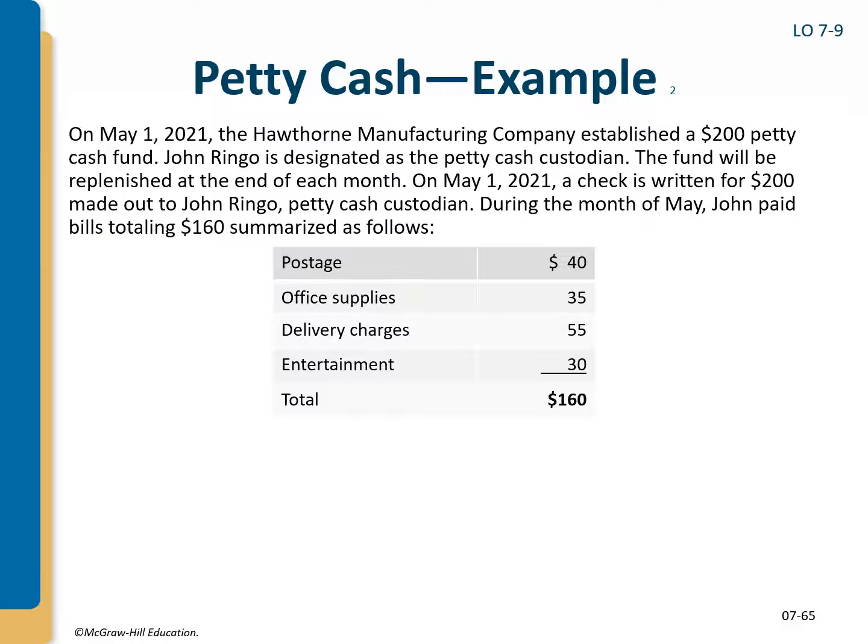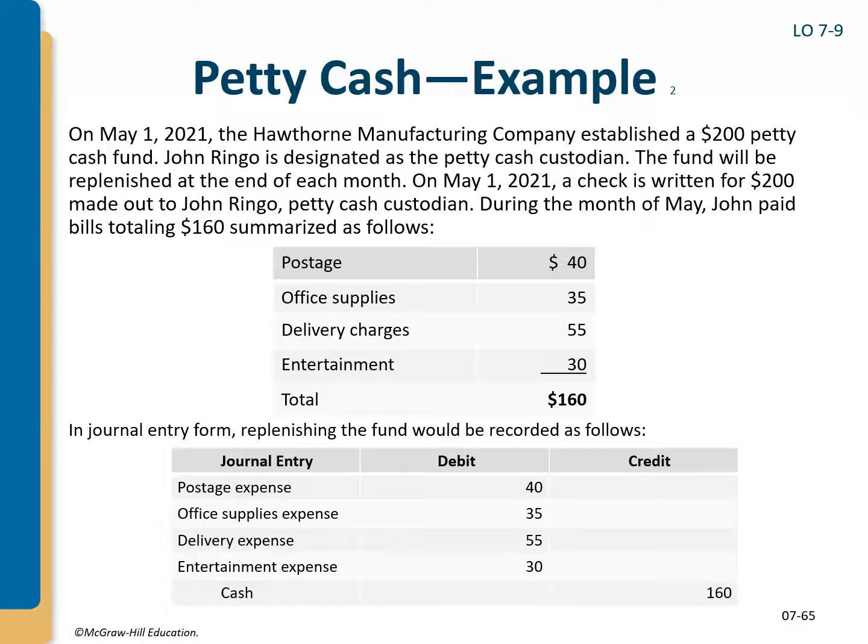At the end of the month, when John has the petty cash replenished, that's when we debit any account for any item or disbursement. So postage expense will be debited for $40. Office supplies expense debited for $35. Delivery expense $55. And entertainment expense $30. We do not credit petty cash. We can't replenish petty cash with petty cash.